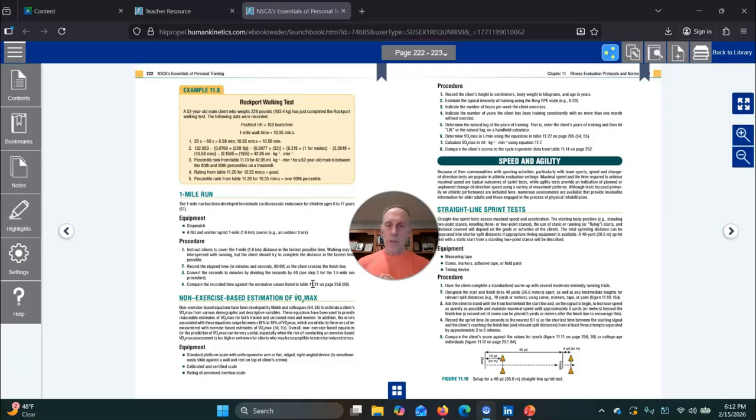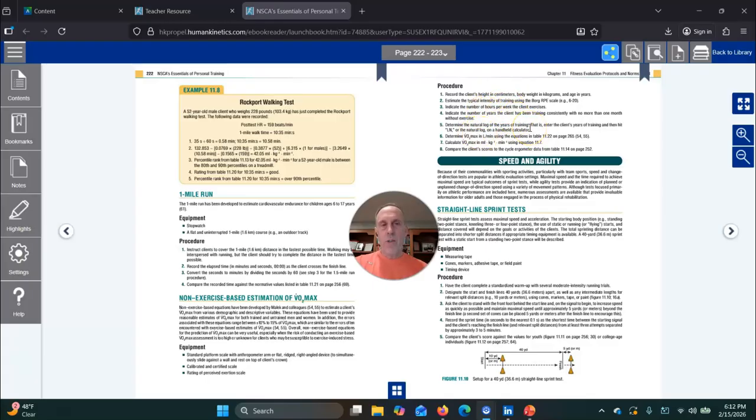They note non-exercise based estimation of VO2 max. With this, it's a little bit quirky, right? Because a person might be better conditioned than others, but what they state here is height in centimeters, body weight in kilograms, and age in years. Those are the things you need, and you just plug and chug in the formulas.